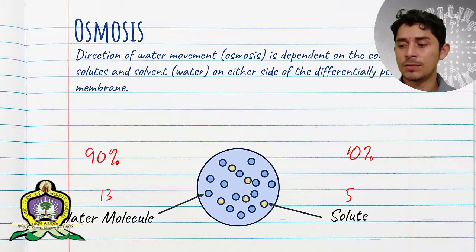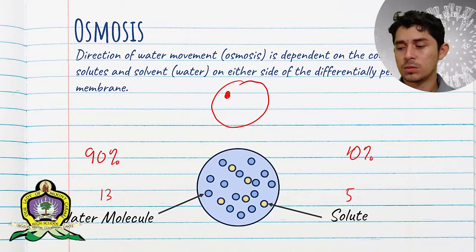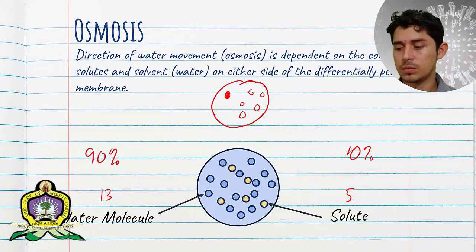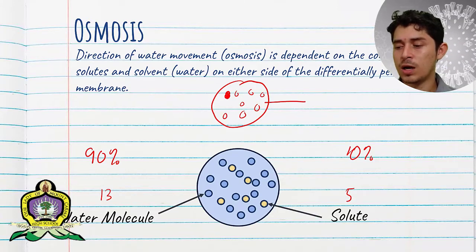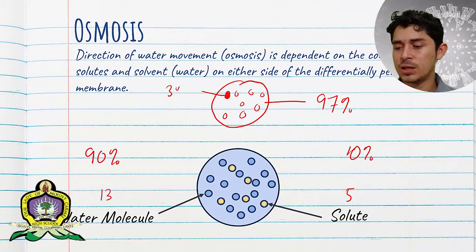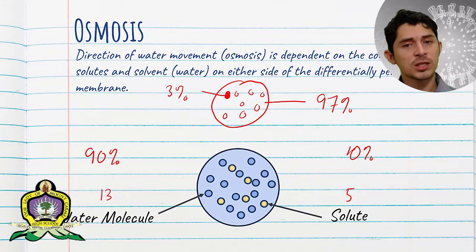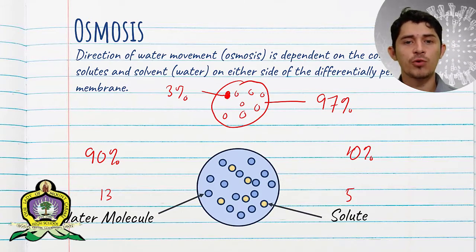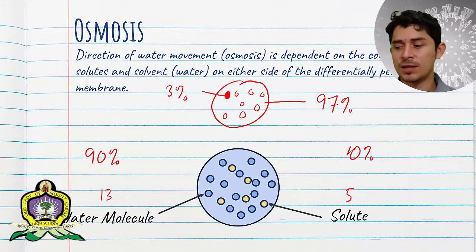Now let me draw another circle. That's the salt, this is the water. And let us say that in this case we have 97% water and we have 3% salt. In which direction do you expect the water to move? Remember that osmosis is the movement of water through a selectively permeable membrane.